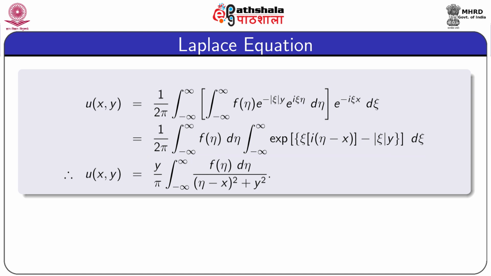Now, we can evaluate the second integral, and the value of the second integral is 1 divided by (eta minus x) whole square plus y square. Therefore, our required solution u as a function of x and y is equal to y by pi integration from minus infinity to plus infinity f(eta) d eta by (eta minus x) whole square plus y square.